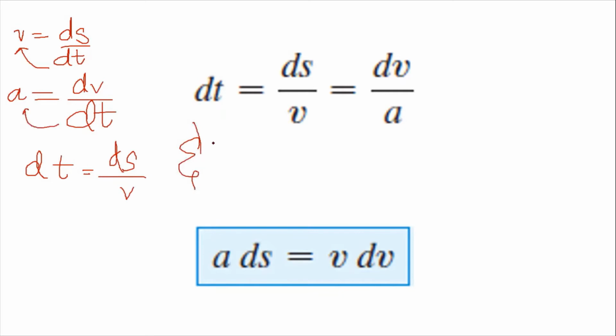And similarly dt equals dv over a. So when we compare both the equations, ds over v equals dv over a.